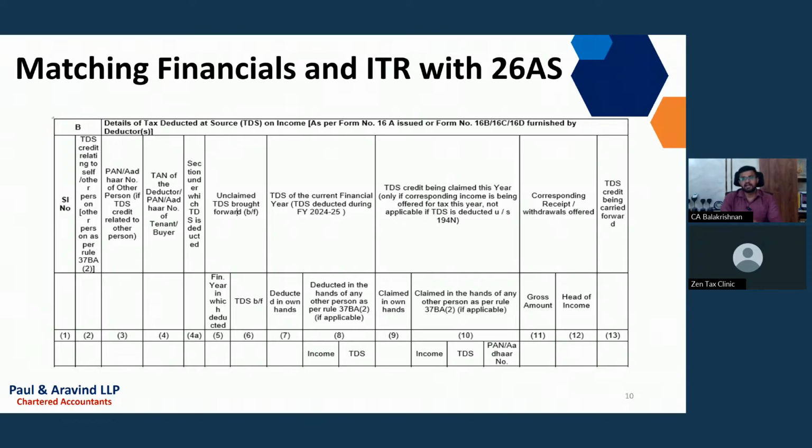And in column number 11 and 12, we need to report the total gross amount for the TDS credit. Say, for example, if TDS is deducted under section 194J, 10% of the TDS amount has been reported in column number. In the column number, the section needs to be given, 4A, and the total TDS amount claimed will be reported in column number 9.